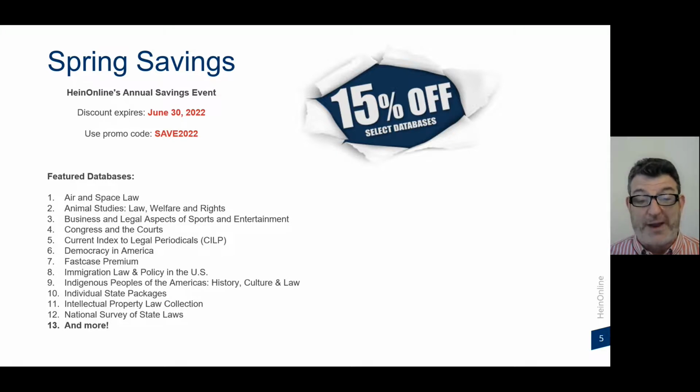But in addition to that, we have other topical collections. Some of you do already subscribe to those too. Things like Indigenous Peoples of the Americas, Immigration Law and Policy in the US, Democracy in America. And some of the collections are even a one-time fee, so you're not paying continuously.